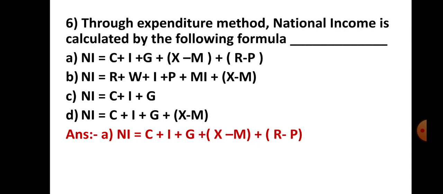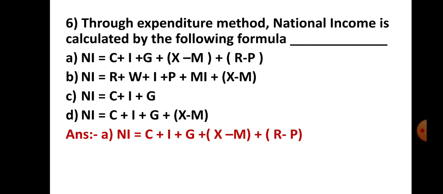National income is equal to C plus I plus G plus X minus M in bracket, plus in second bracket R minus P. Okay, C stands for consumption expenditure, I stands for investment expenditure, G stands for government expenditure, X export, M import, R stands for receipts, P stands for payment, that is known as net income from abroad.